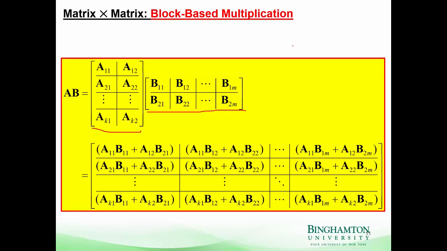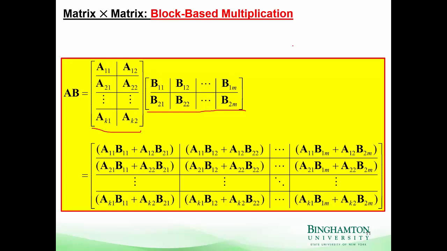So maybe we have a bunch of subsystems that end up combining together into some bigger system. And so the big matrix A represents the big system, and all the little A's, A11, A12, and so on, are matrices for the smaller subsystem parts that make up the big system. And then we want to see how these two systems interact with each other.